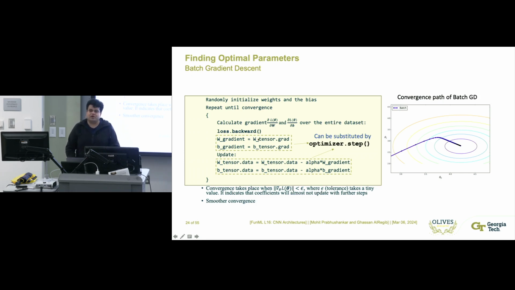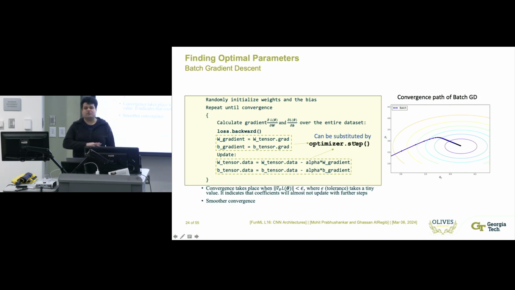If you're using your W as your variable and you have defined that you need a .grad, then PyTorch automatically saves all your gradients, and you will be able to get your gradient for W and B. You can substitute this entire thing with something called optimizer.step within your gradient descent.